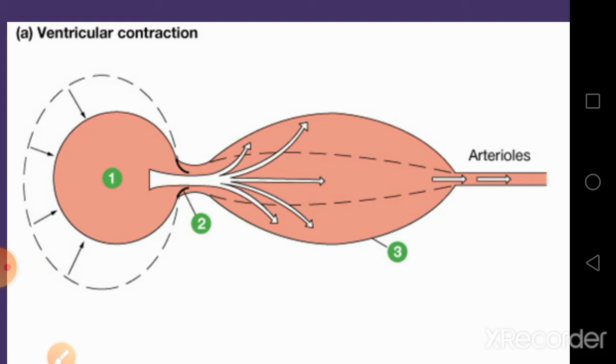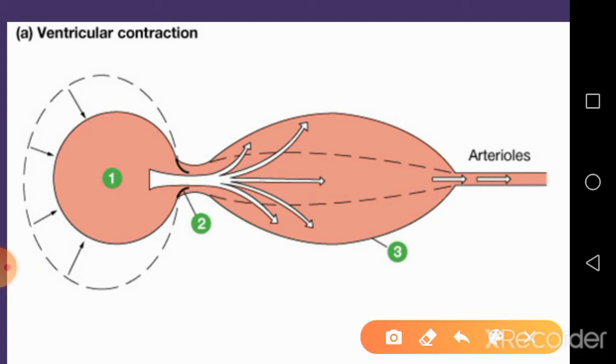Now, let me take you back to the first slide of my lecture where I mentioned that it is thanks to this ability of a vessel to distend that we have non-pulsatile or continuous blood flow in our body, which means that not only does the blood flow during ventricular contraction, but this blood flow is also maintained while the heart is not pumping during ventricular relaxation and diastole. Now, how does that happen?